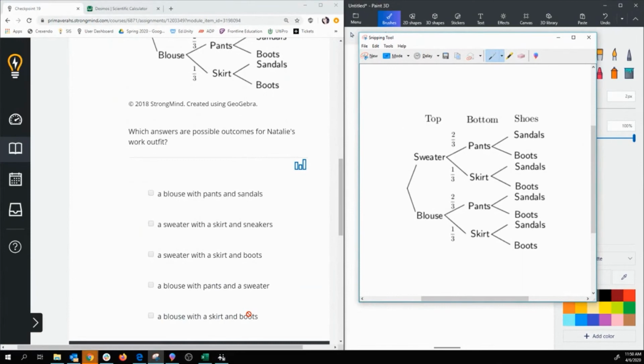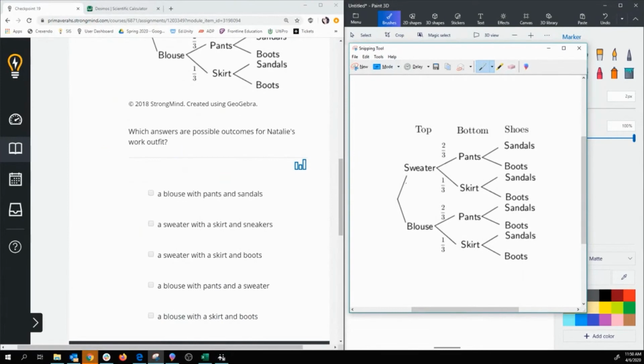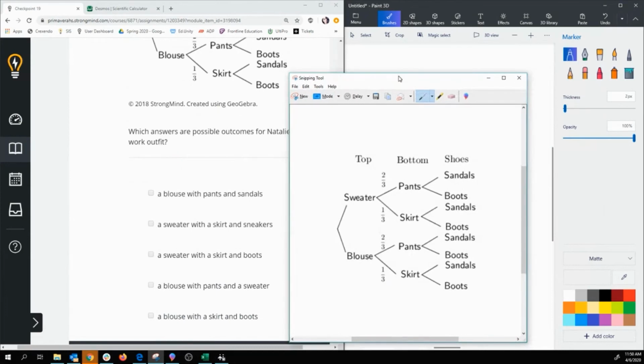I remember now when I was looking through the checkpoint. There's 2 of this same exact question. So it's the one that has Natalie's outfit. We want to know outcomes. So you should have 2 of these. And the answers are going to be the same because it's the same exact answers. It should be a blouse with a skirt and boots.